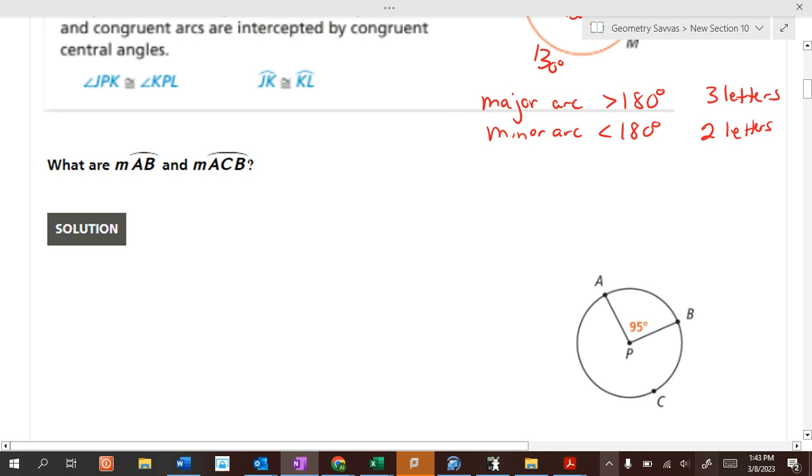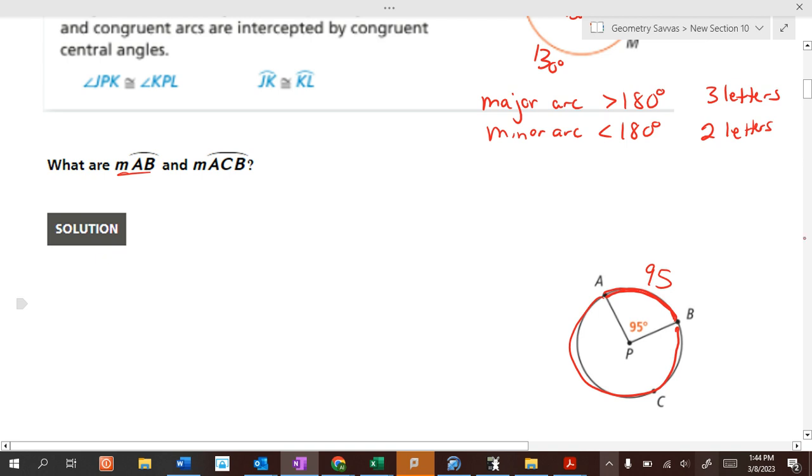So, I want to know how big arc AB is and how big arc ACB is. Well, AB is a minor arc here that goes from here to here. How big would that be? 95, because it's the same as the central angle. How big is arc ACB, the one that goes around here? Well, there's 360 degrees in a circle.